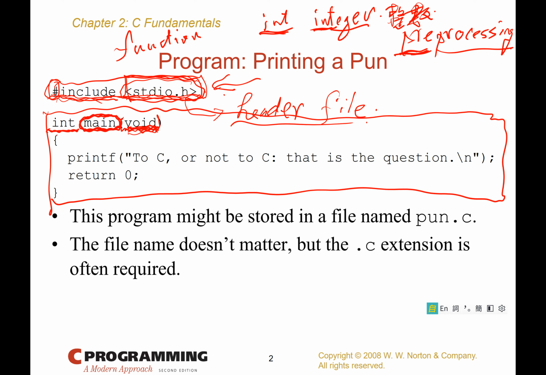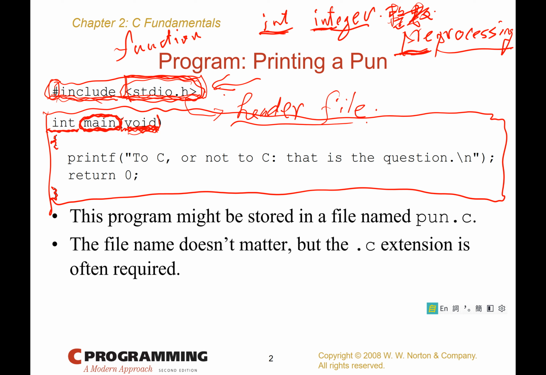And then there is a big bracket, and in the big bracket, you put a number of statements. Each statement is a C command. What is a command? A command is what you ask C, or ask the computer, to do for you.